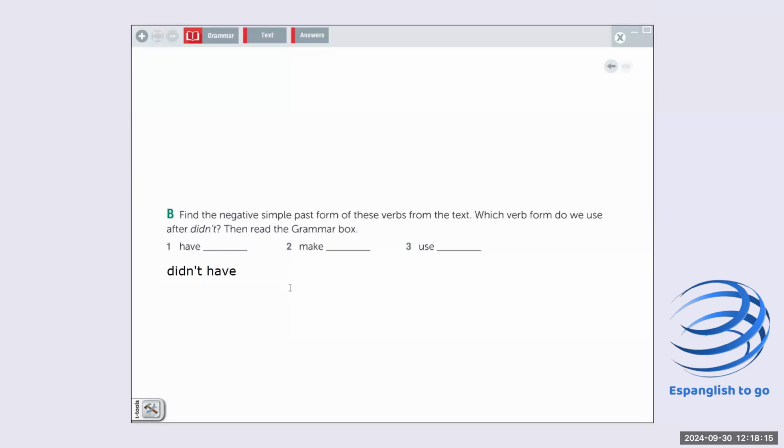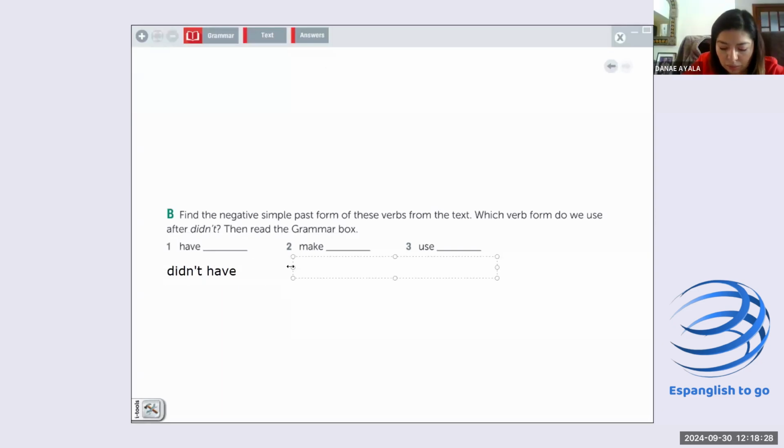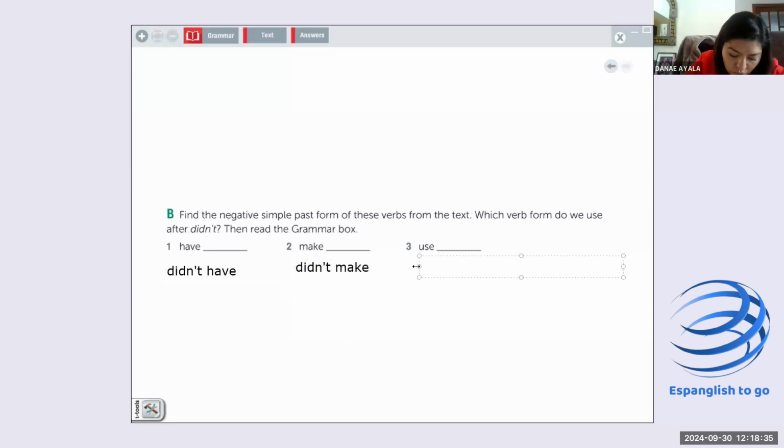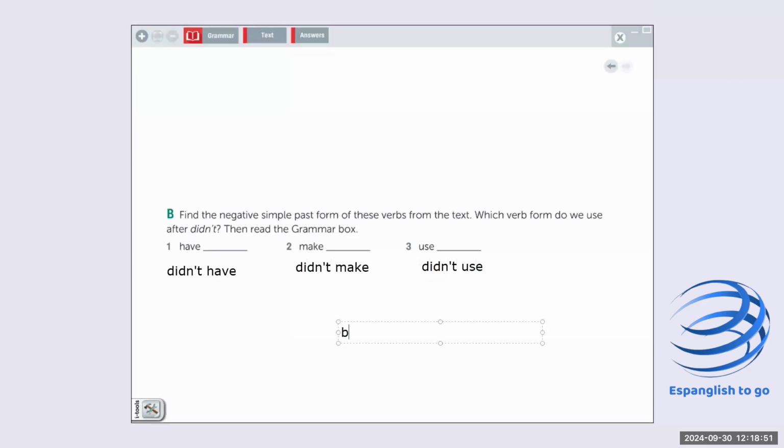What is the negative for make? Didn't make. So what is the negative for use? Don't look for it in the text. Tell me, what is the negative for use? Didn't use. Yes, exactly.